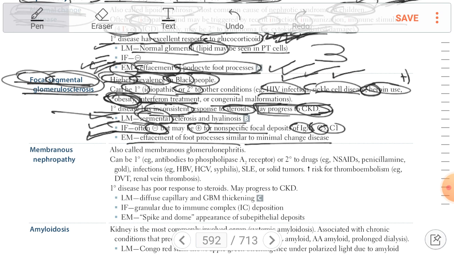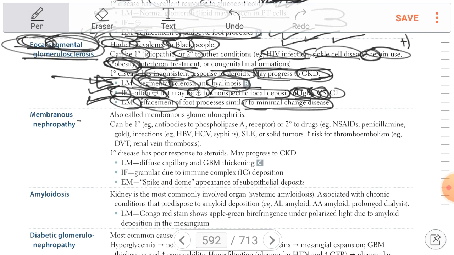Then the main finding is focal segmental sclerosis, hyalinosis, then immunofluorescence mainly negative. If it's positive, it's for non-specific focal deposits of immunoglobulin M and C3 and C1. Electron microscopy, there is effacement of foot process like minimal change disease.